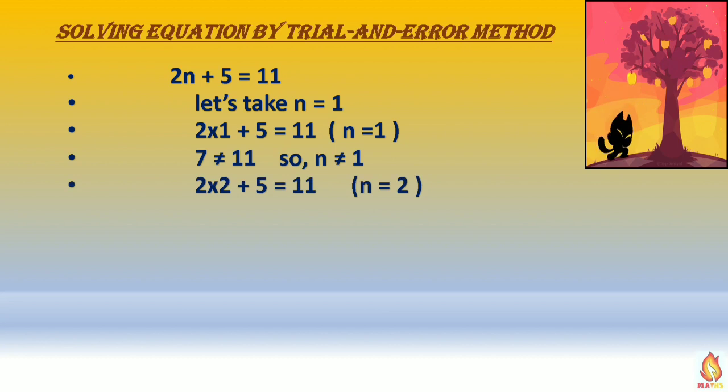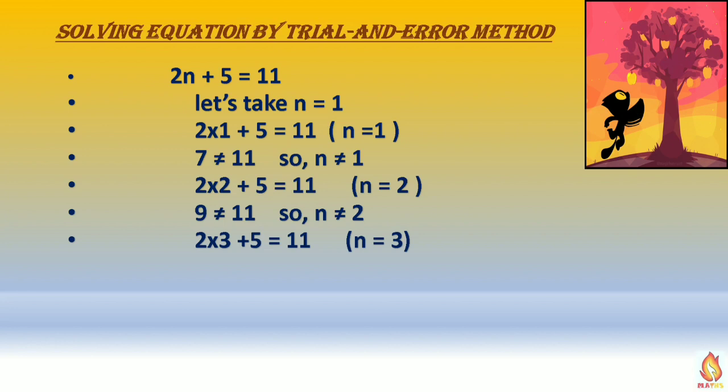Now let us take n = 2. When we take n = 2, we again get unequal parts. Now let us take n = 3. When we take n = 3, we get both sides equal. LHS and RHS both become equal.